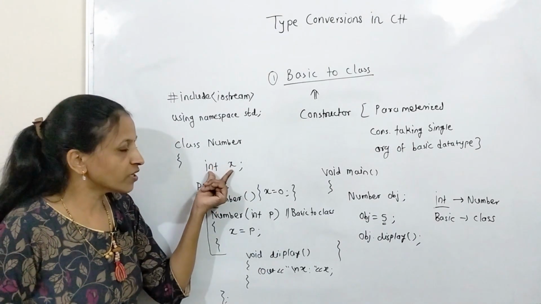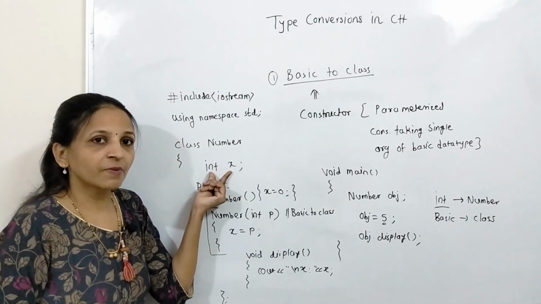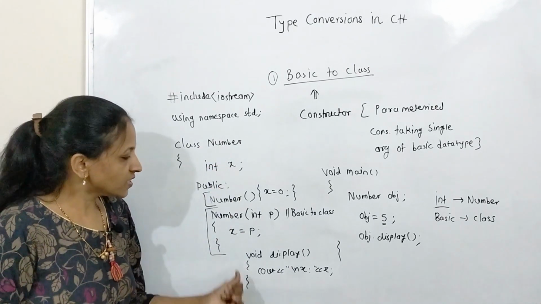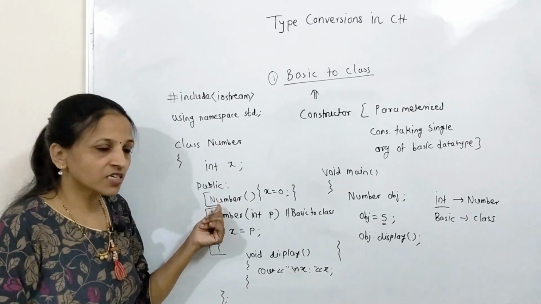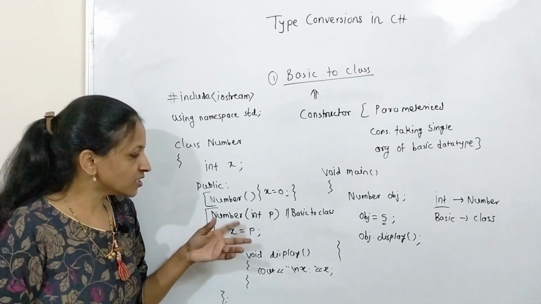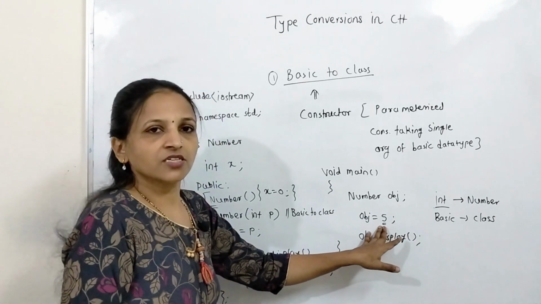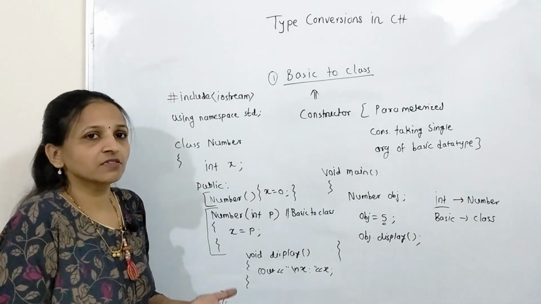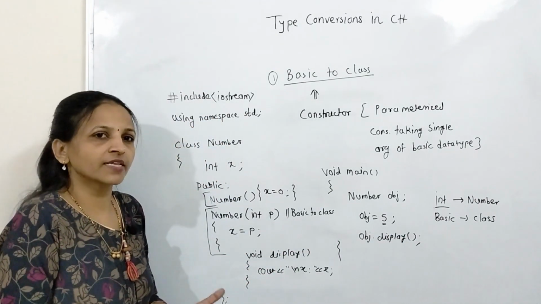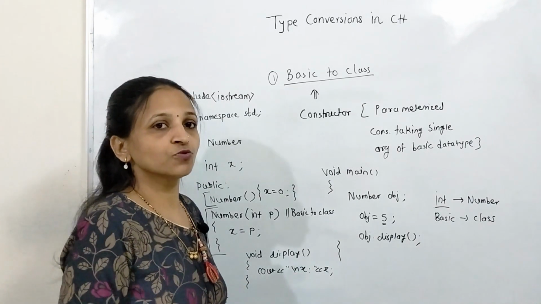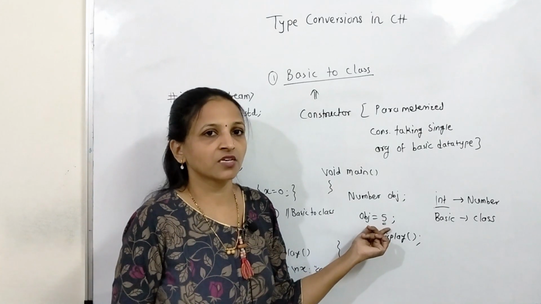See, here we have created one integer variable, this is a data member of this Number class, and this class has one default constructor and a display method, and this parameterized constructor we have written to achieve type conversion. If you want to write any get data member function, you can write that also, but you cannot use that member function to achieve this type of type conversion.